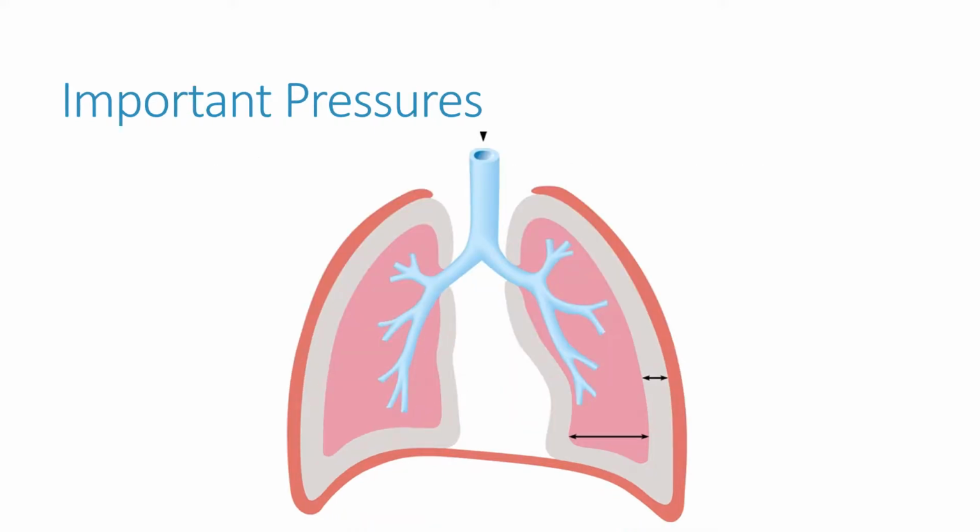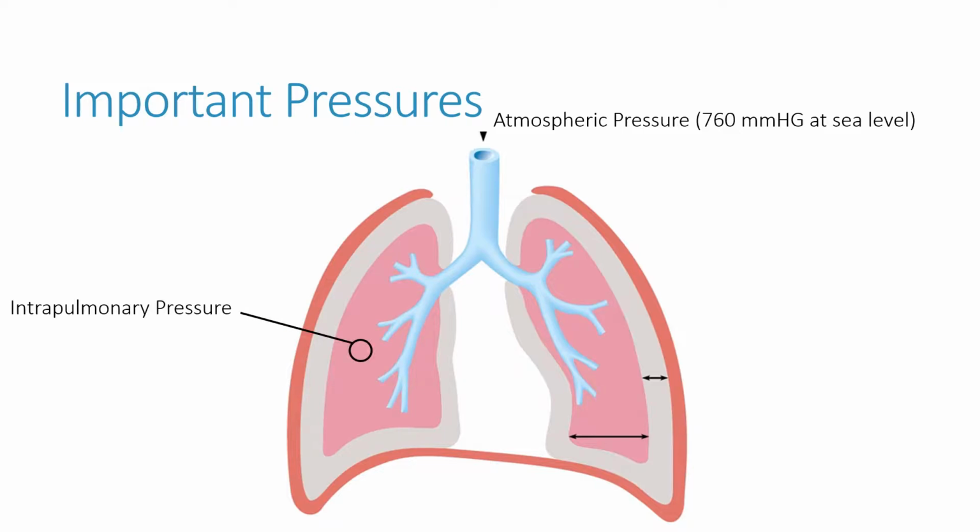The most important pressures we need to know for this process are atmospheric pressure, the pressure of the air around your body. At sea level, this is about 760 millimeters of mercury. And we also need to know intrapulmonary pressure. Intra tells us within, pulmonary means lungs. Intrapulmonary pressure is the pressure of the air within the alveoli of the lungs.